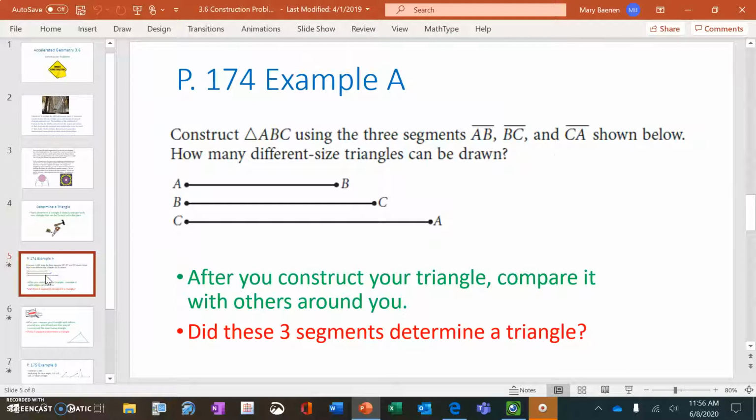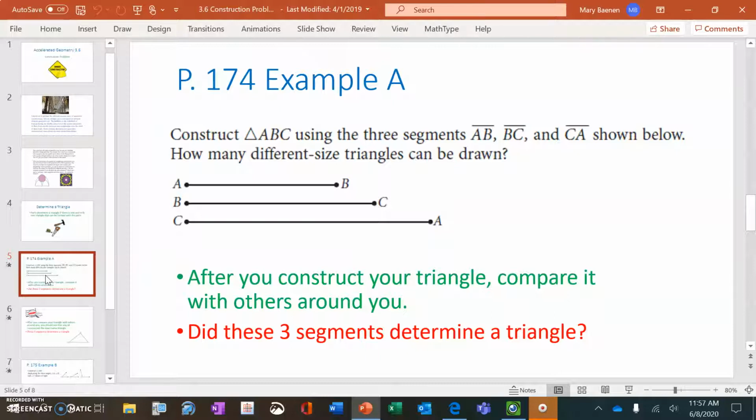So if we look on page 174 in our book, there's an example A, and it gives you 3 segments, and they say, if you're up to this, you and a couple of friends create triangles using those 3 parts. After you construct your triangle, compare it to others around you.